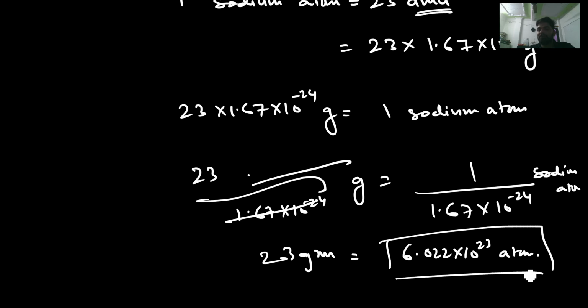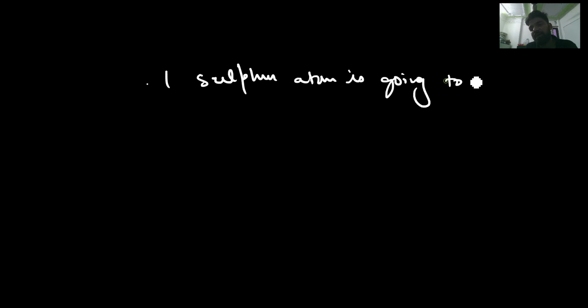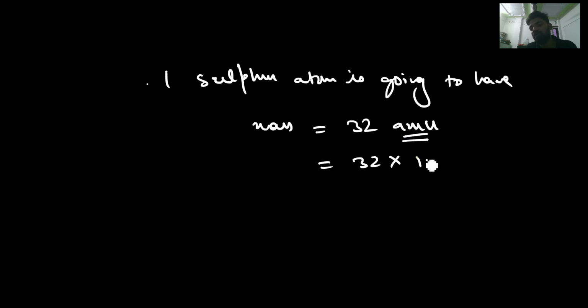Let me explain one more time. Let's take the mass of a sulfur atom. One sulfur atom has a mass of 32 AMU, where the value of 1 AMU is 1.67 into 10 to the power minus 24 grams.